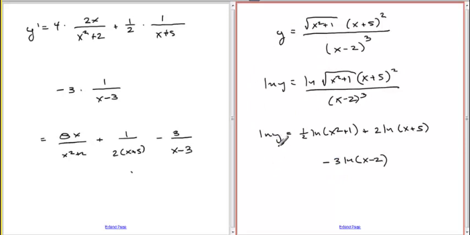So now we take the derivative. When you have the natural log of y on the left-hand side, you have to use implicit differentiation. So you get 1 over y, which is the normal case, but you multiply by y prime.